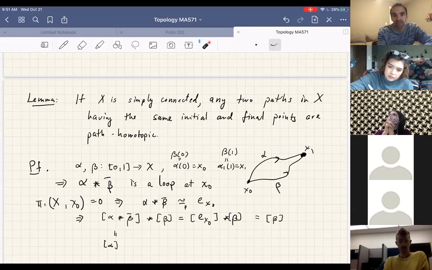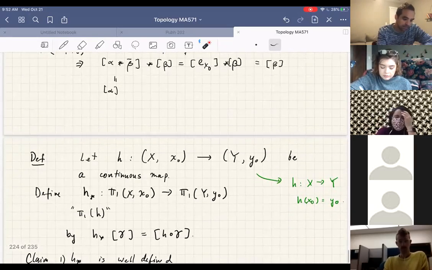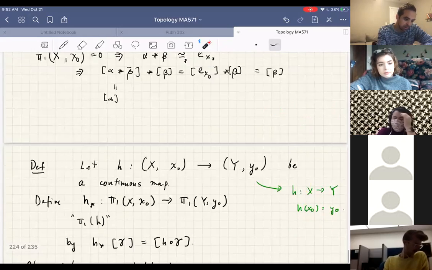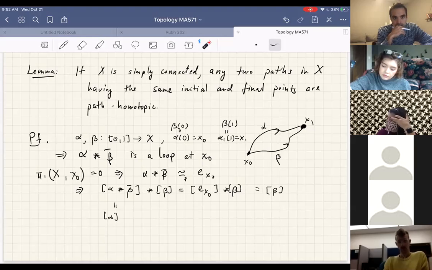Does that make sense so far? Great. I have a question. If you can do that, then necessarily, like we mentioned how if it's a convex set, its fundamental group will be the trivial group. Is that true for simply connected spaces? Will its fundamental group be trivial? By definition.